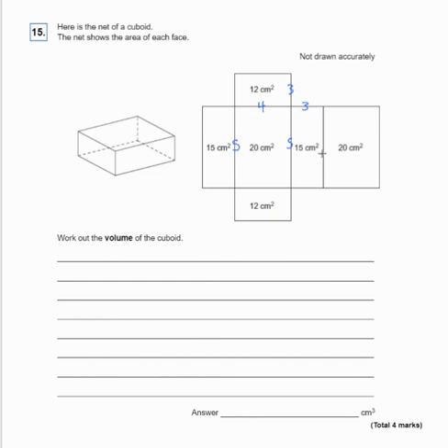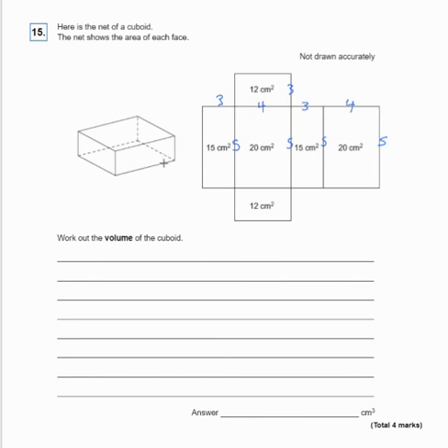And then you have the 5 times 3 gives you the 15 that we're looking for. But also remember that if that's 5, this is also going to be 5, and therefore, that's going to be 4.